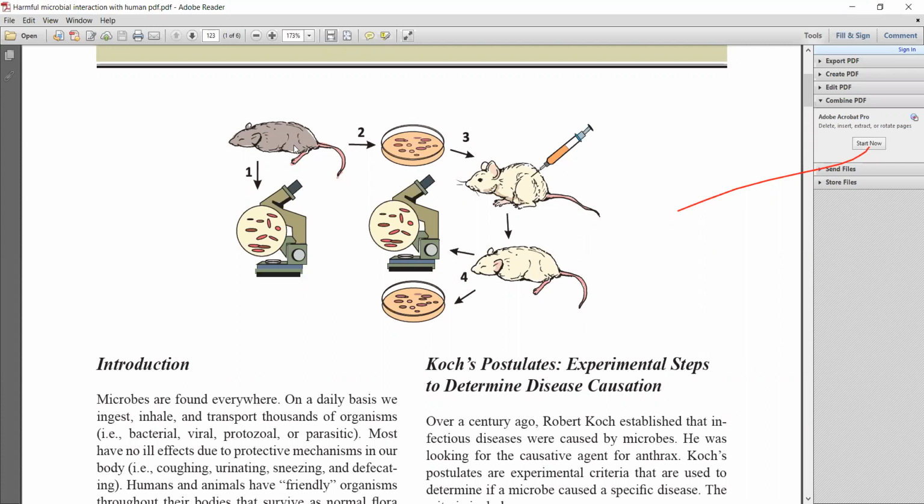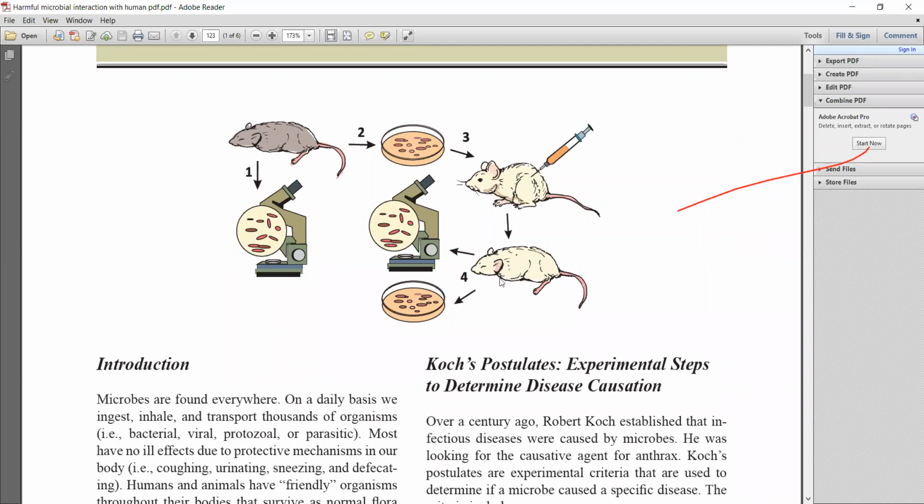They wanted to identify the organism responsible for causing the disease in this mouse, so the organism was isolated and a pure culture was grown using this media. Then when the colonies were shown, they were injected into this susceptible host, and this host showed similar symptoms to the mouse from where the bacteria was isolated.